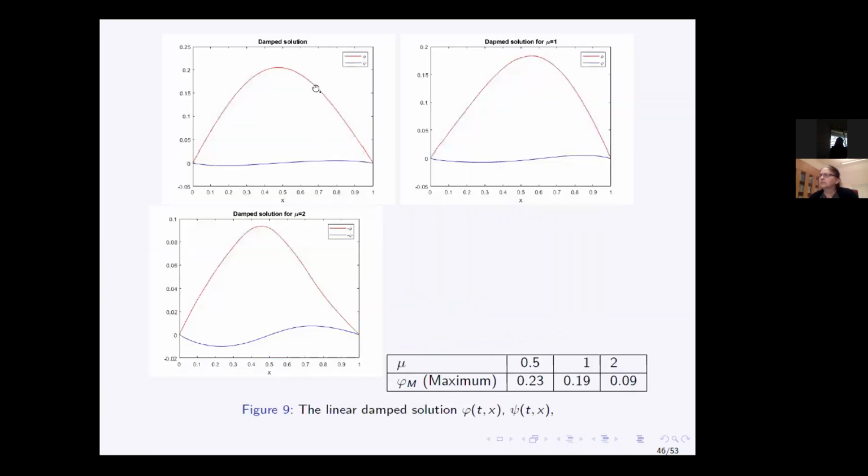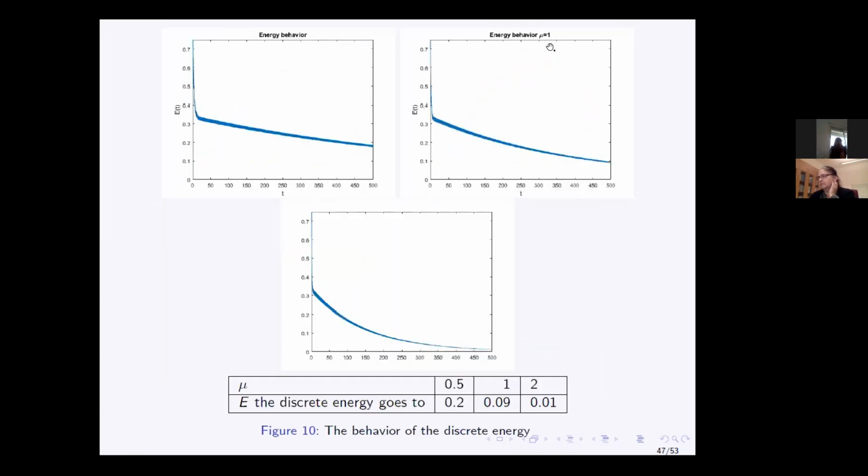And as you can see here, the solution is damped. Here we have a maximum of 0.2, and here a maximum less than 0.2, and here a maximum even less than 0.1, each time we change the coefficient of the damping term.